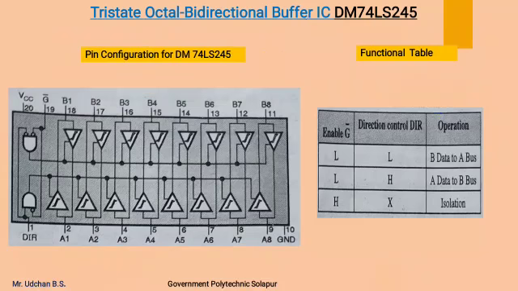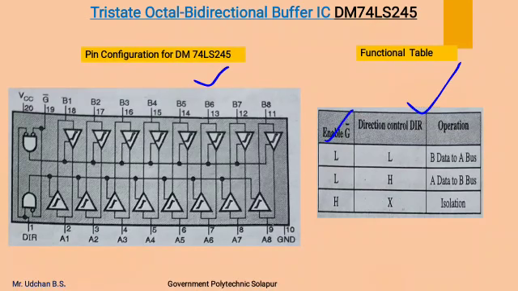Similarly, the next tristate buffer IC is 74245. This is a bidirectional buffer IC, means the data can flow in either direction. The functional table is shown over here. Based on the pin G, it can operate in two-way direction.